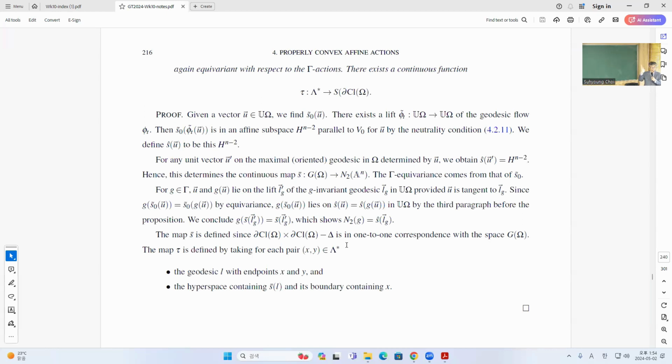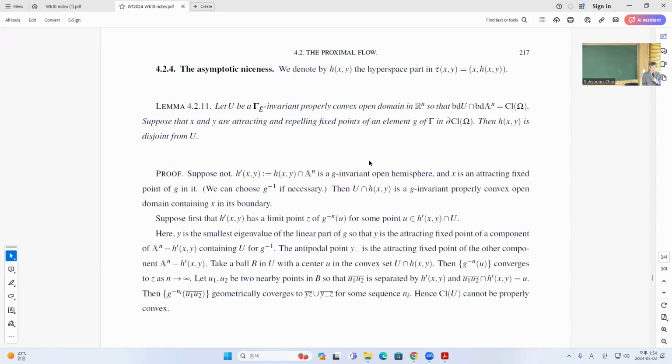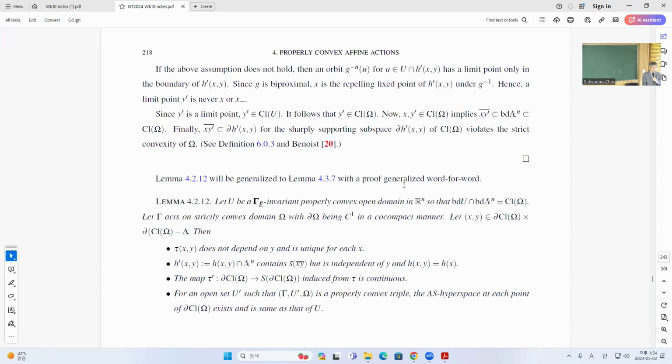So you take the hyperplane containing X and this codimension n minus 2 space. This is how you define this map. Next we show that these are actually disjoint from U, and then we show that it depends only on the initial point. So it's unique for each X.